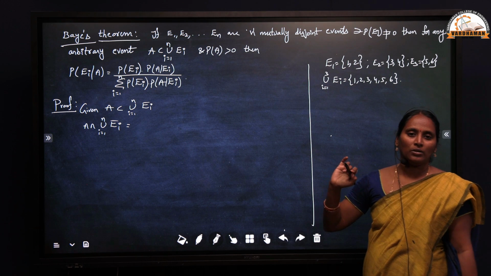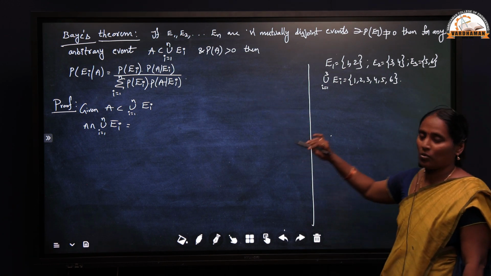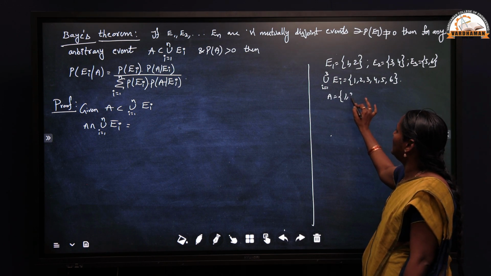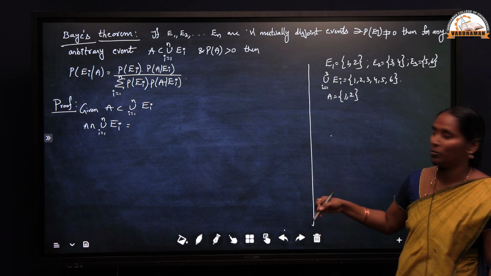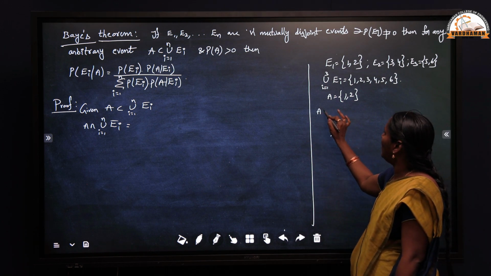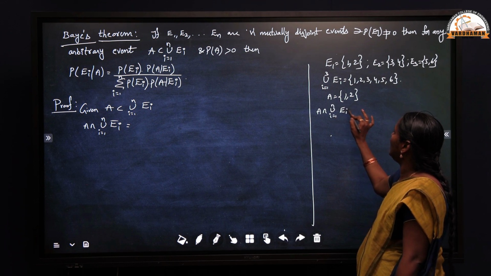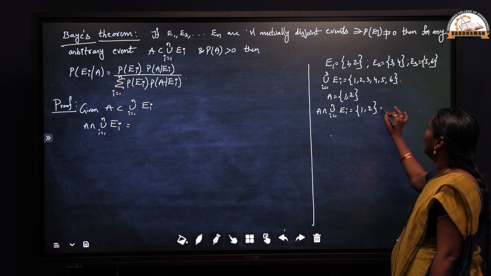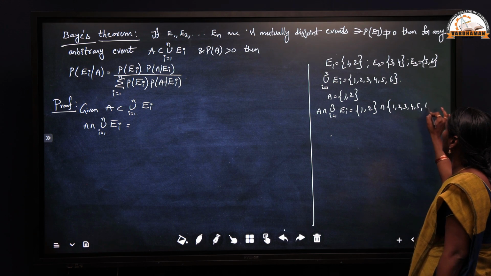Now the statement says A is a subset of the union over i equals 1 to n of Ei. Since A is a subset, whatever elements A has can be taken from this union. Suppose A is 1, 2. Then A intersection the union of Ei is 1, 2 intersection 1, 2, 3, 4, 5, 6, which equals 1, 2.